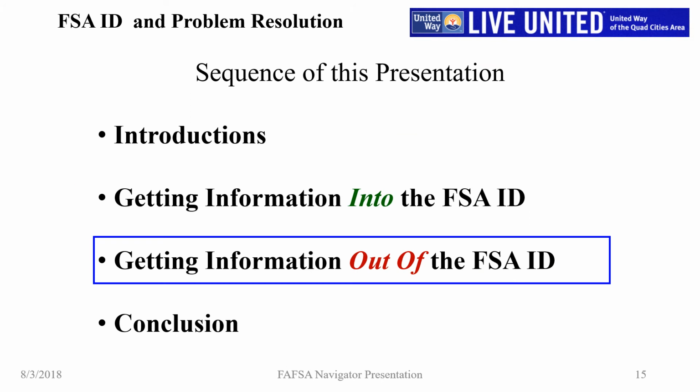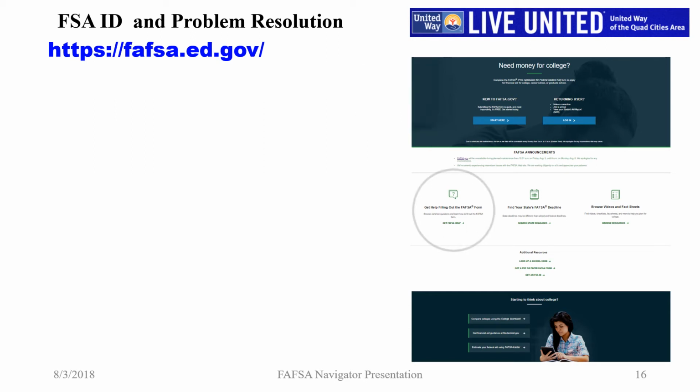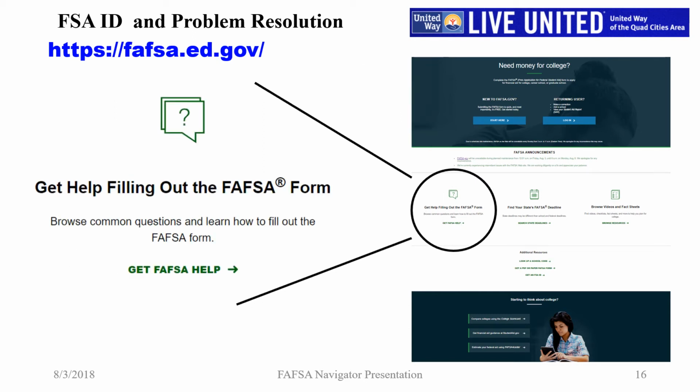So let's now discuss how to get your identifying information out of the FSA ID system. We're back at the main FAFSA login page. Remember to scroll down below the login section to the middle of the page. In the middle left is how to access the Get FAFSA Help section.